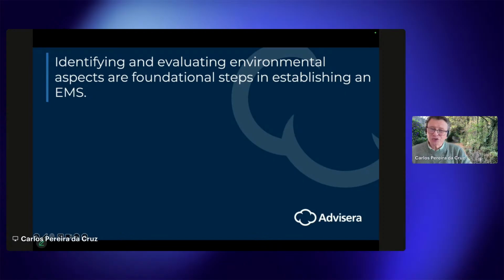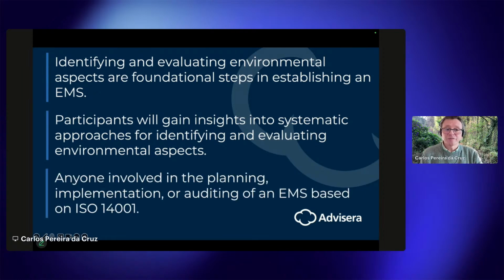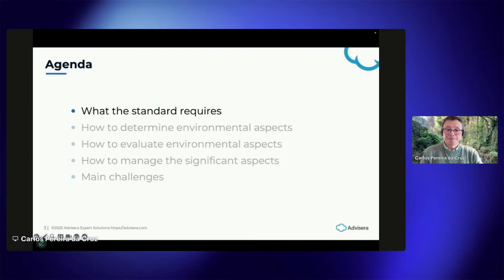It's like making a strong start in being responsible for the environment. Now, this presentation will show different approaches for identifying, I prefer the word determining, and evaluating environmental aspects. So we developed this webinar for anyone involved in the planning, implementation, or auditing of an EMS based on ISO 14001.